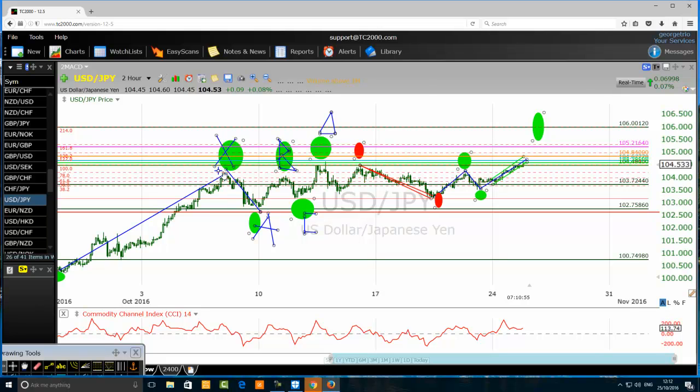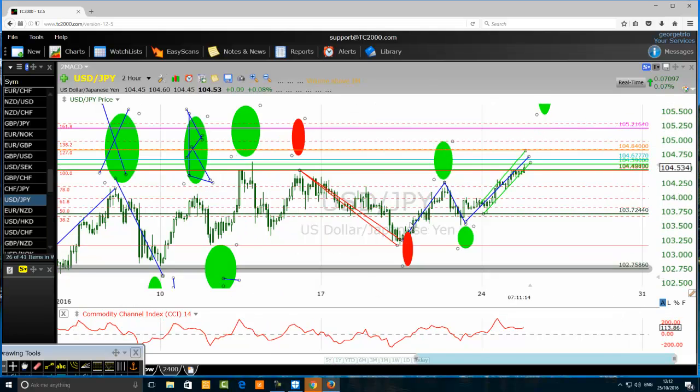Price went up XA, A, B, C, D. But people did not sell it very much because they want to sell at a better resistance level. Now we have another bearish butterfly pattern developing here on the 2-hour time frame.